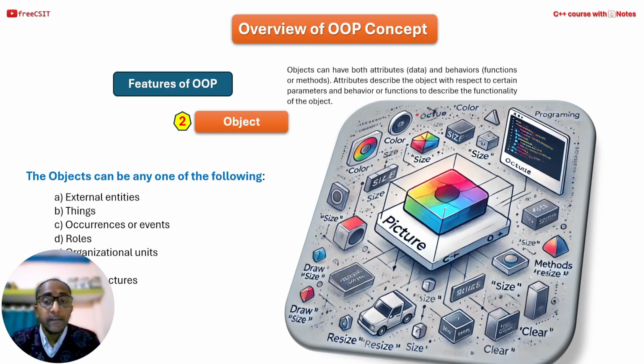And this figure illustrates attributes such as colors, size, resolutions, and the draw, clear. These are the methods, like resize, these are the functions, we can say. It means it gives the attributes and behaviors of the objects. From this figure you can see.